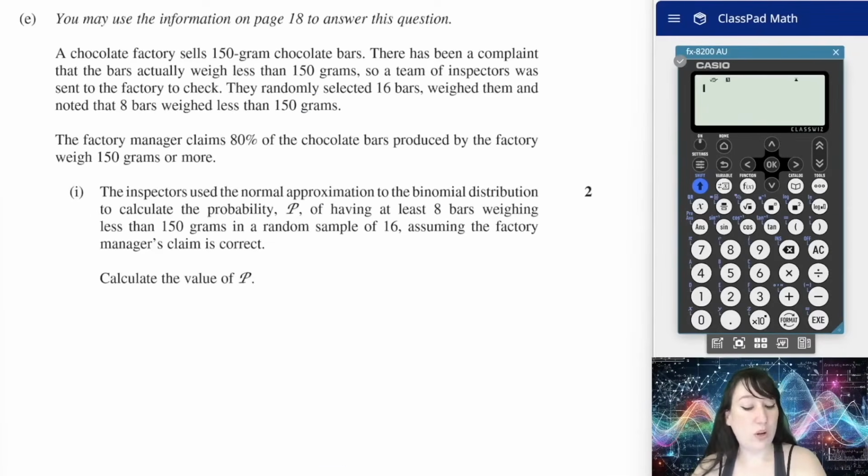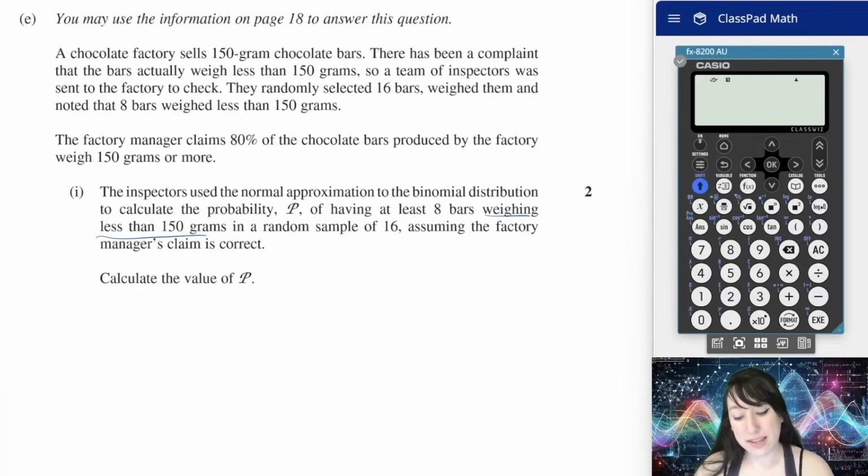All right, so we're looking at a binomial distribution, and we'll be using a normal approximation to it. So what is P, the probability of a so-called success in this case? Let's say we follow what the inspectors were doing, and they were looking at the chances of getting 8 bars weighing less than 150 grams.